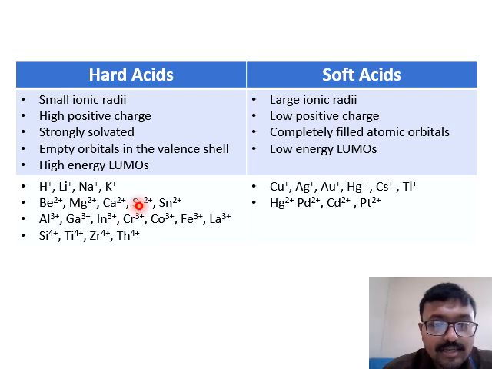These are examples of hard acids. Soft acids have larger ionic radius, low positive charge, completely filled atomic orbitals, and low energy LUMO. Examples: copper plus, silver plus, gold plus, mercury 2 plus, cesium plus, thallium plus, and so on.